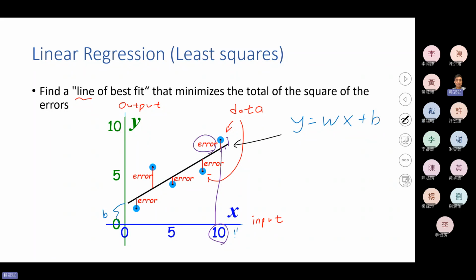The prediction is on the black line, and the distance between the point on the black line and the blue circles, our data, is the error. So our goal is to minimize the sum of the errors.